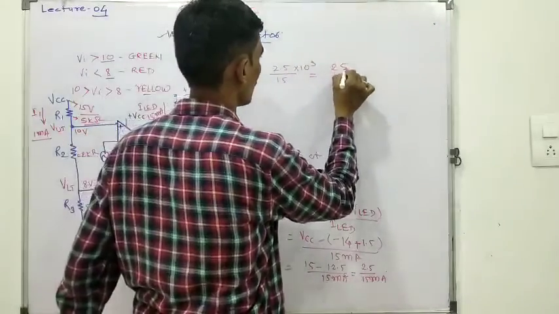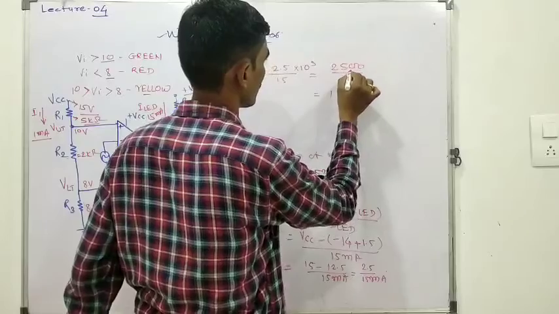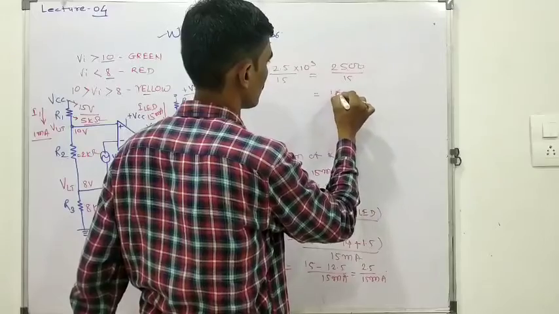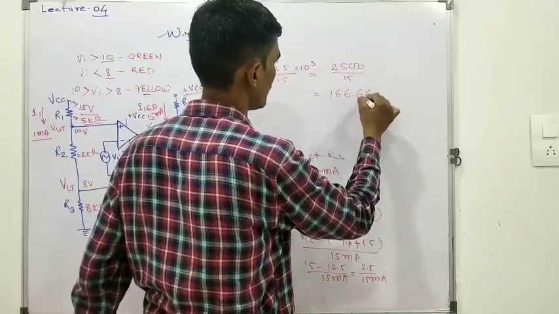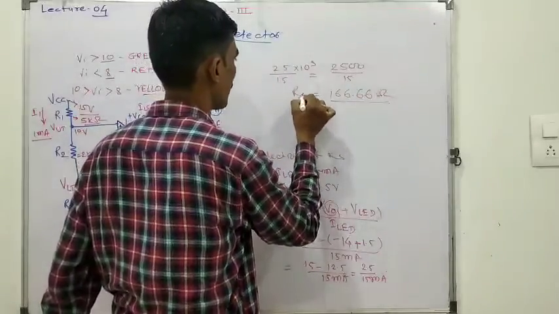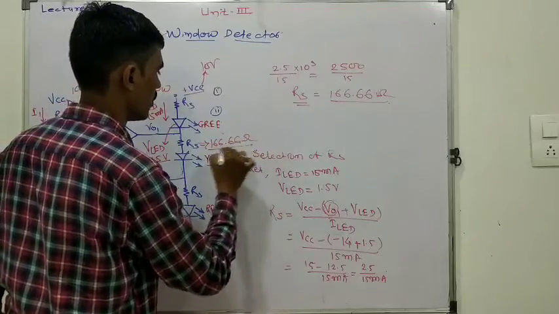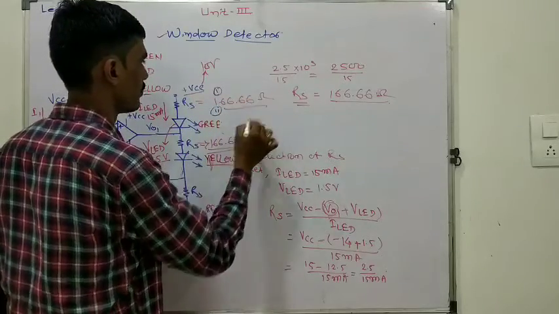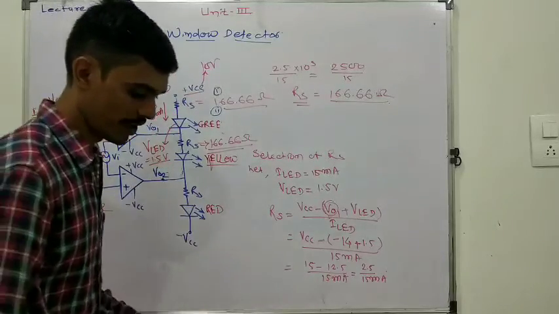So this is equal to 2500 divided by 15, which is 166.66 ohm. So this is the RS value. RS value is nothing but 166.66 ohms. This value is by assuming ILED is equal to 15 milliampere and VLED is equal to 1.5 volt.